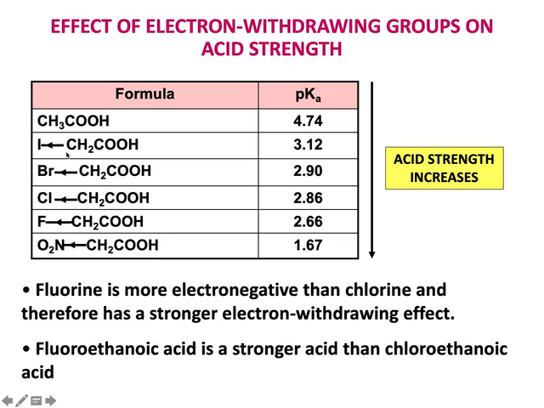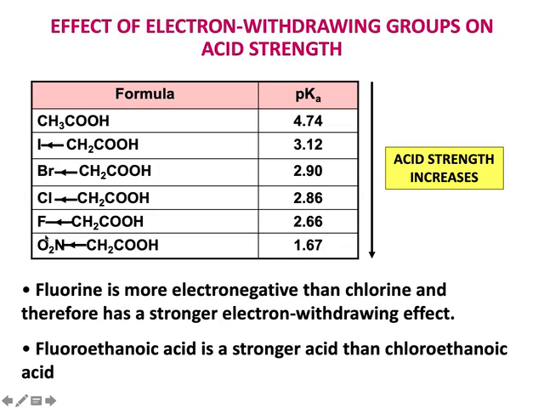Okay, this one is an atom of halogen, and then this one is the electron withdrawing group NO2, so the acidity increases because fluorine is more electronegative compared to chlorine, so fluorine is slightly stronger electron withdrawing compared to chlorine, bromine and also iodine.